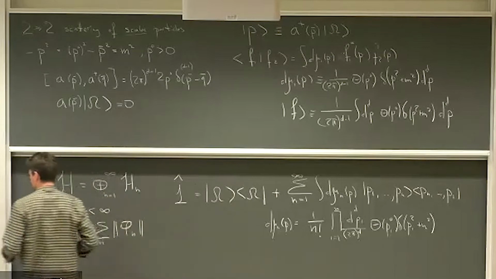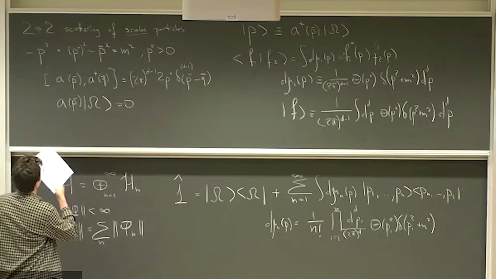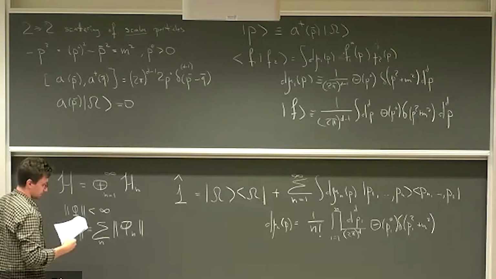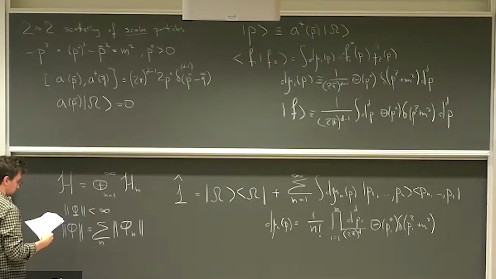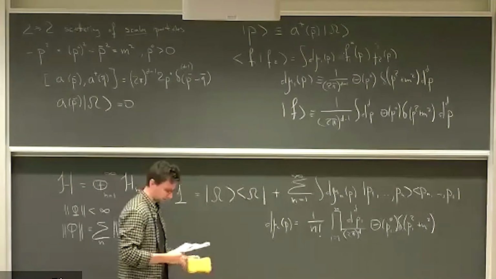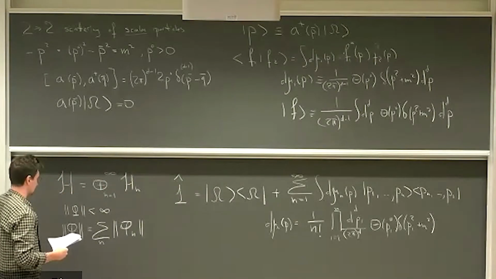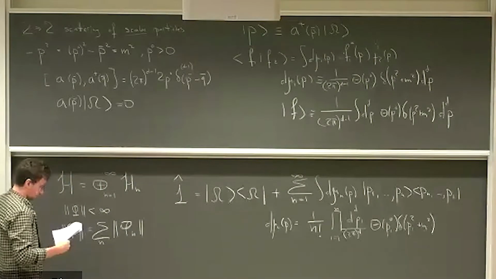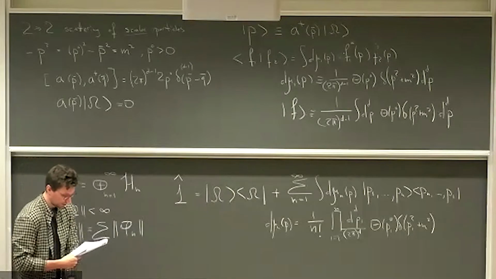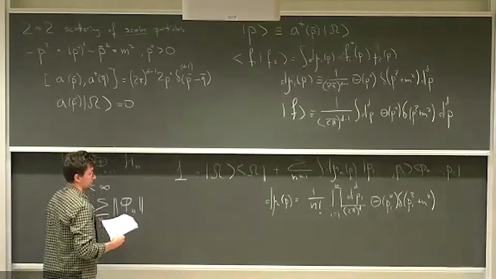So the attitude we will be using is that we will focus on the scattering of 2 to 2 particles, and we will not effectively consider any other case. Now let me describe the properties of the S-matrix.